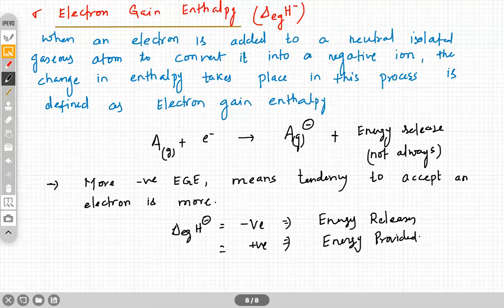Electron affinity is a tendency of an atom to accept an electron. So one thing you understand here, if electron gain enthalpy is negative, electron affinity is positive. It goes the other way.